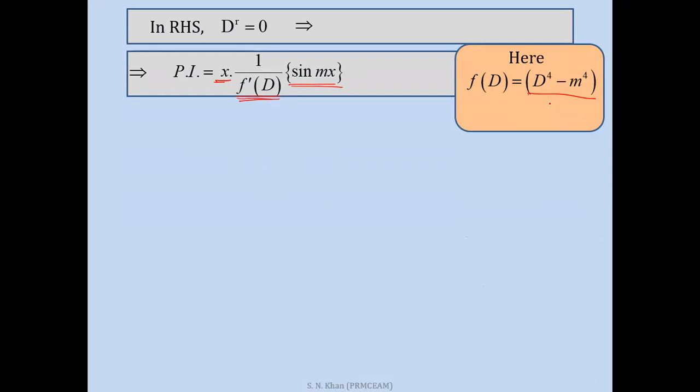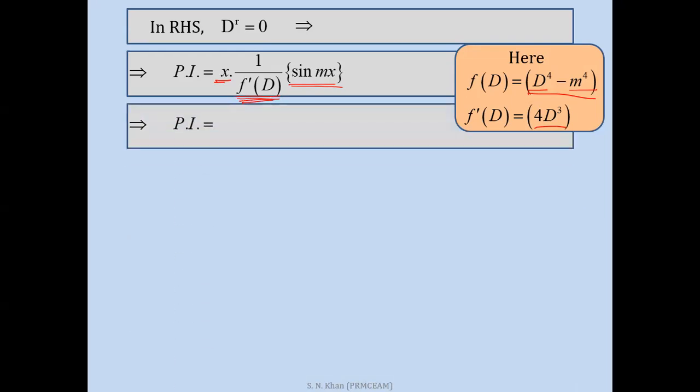Take its derivative: f dash of d will become 4d cube, minus m to the power 4, it's a constant, so its derivative is 0. Substituting this value in the denominator, we get pi equals x into 1 upon 4d cube. This is the value of f dash of d. The function sin mx is completely as it is.